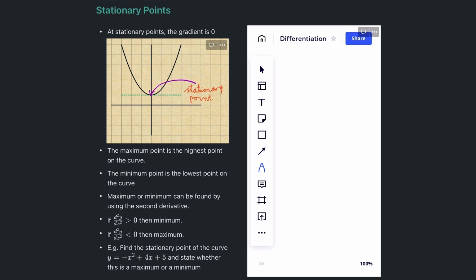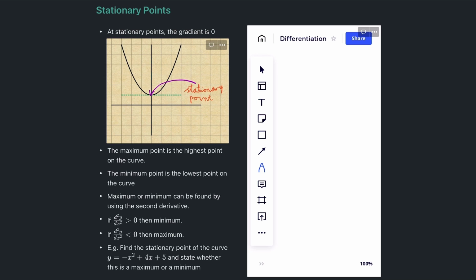And so you can have a maximum point and a minimum point, where it's turning, because you can see in the diagram on the left, it goes down and it goes up, and it will never go lower than that. So that's a minimum point, because that's the lowest point on the curve.